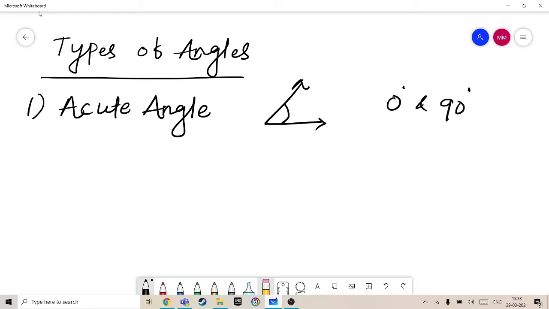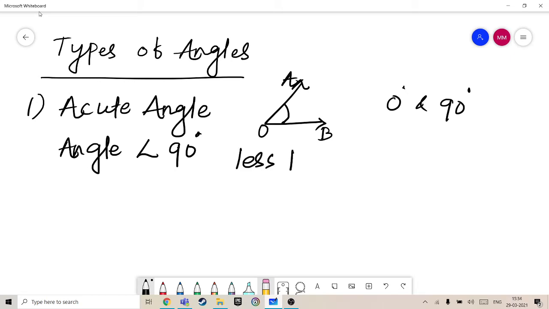Here angle AOB is less than 90 degree, then that angle is called the acute angle. If the angle is less than 90 degree, then the angle is called acute angle.